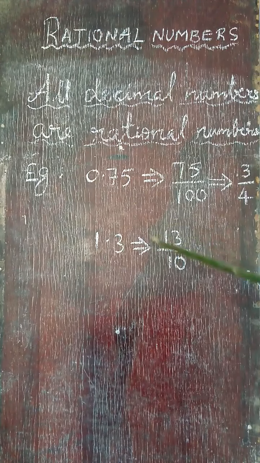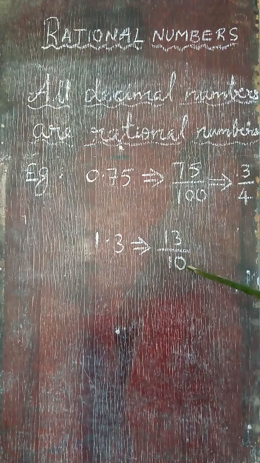And no need to write any decimal point in the numerator place. Just write the numbers 13 by 10. இது a by b ஃபார்மில் இருக்குது. So both are what? Integers. So it is a rational number.